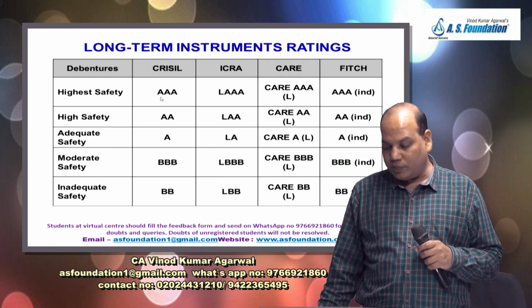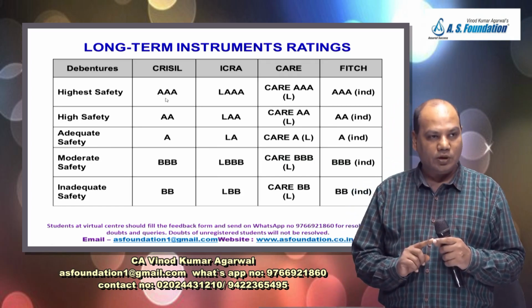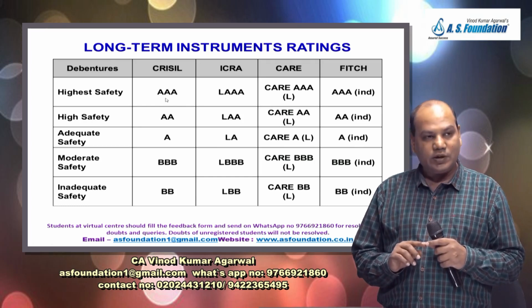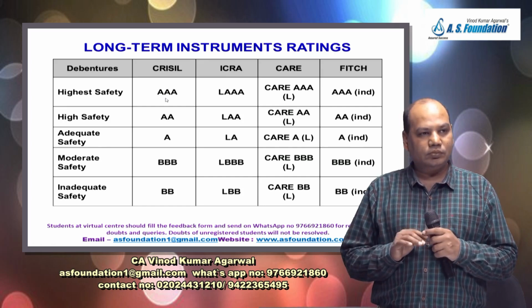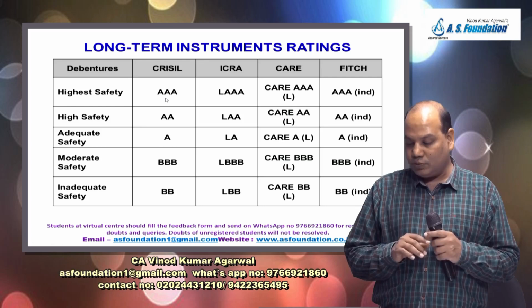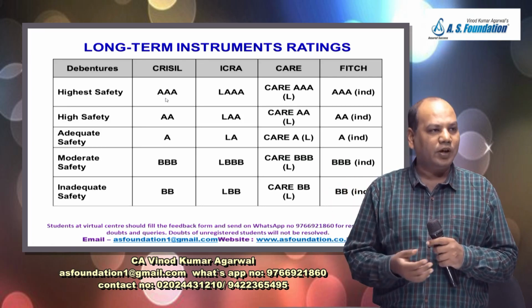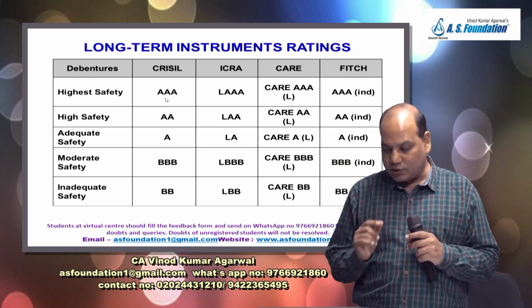So if you see AAA, what does it indicate? One, it is a long-term instrument. It is rated by CRISIL, and in the opinion of CRISIL, it is a highest safety instrument. Okay. So the question will be, what do you mean by AAA rating? So it is a sign of highest safety in a long-term instrument, and the instrument is rated by CRISIL.